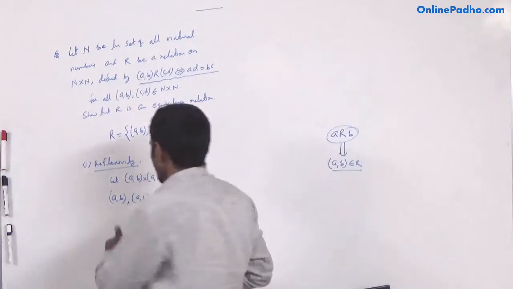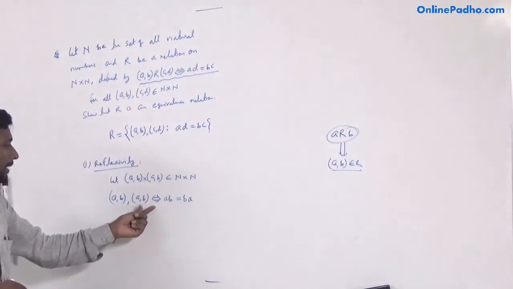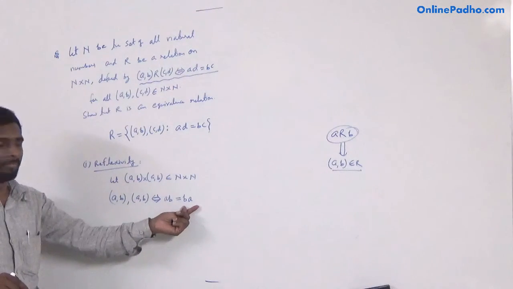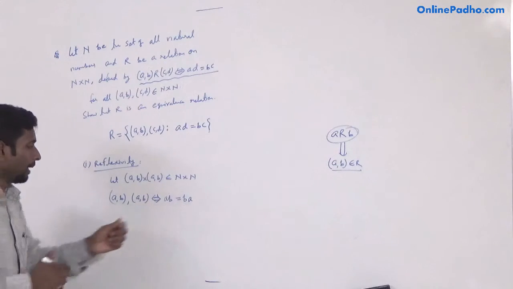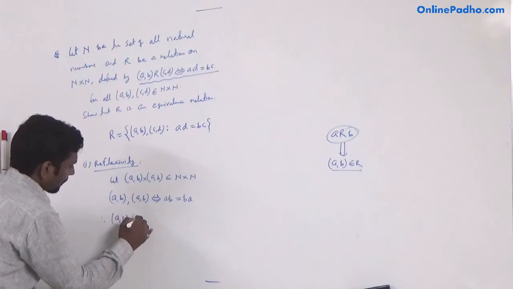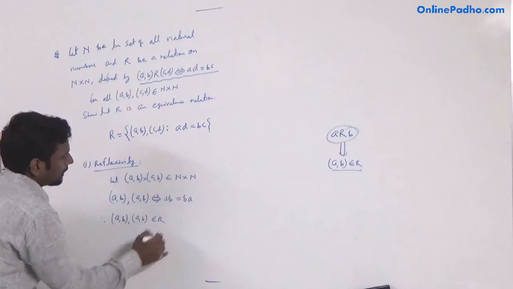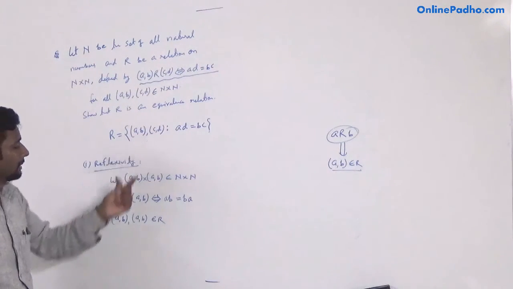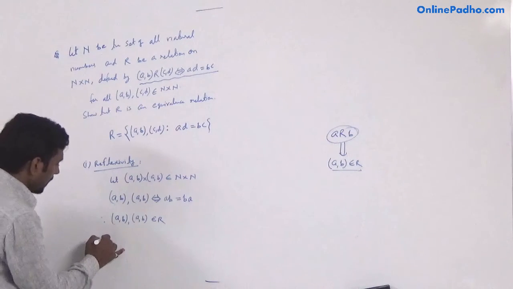If you take the same element (a,b) and (a,b), then ab equals ba. Why? Because commutative law is applicable in multiplication. So therefore (a,b) must belong to the relation. Same elements are there. So therefore, R is reflexive.